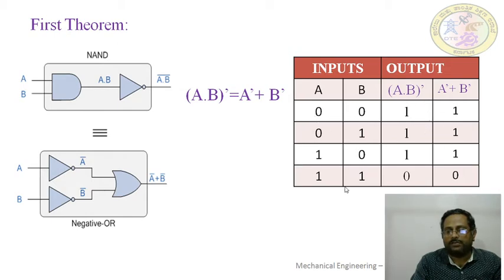For input 0 0, the output is 1 at LHS and 1 at RHS. For input 1 0, the output at LHS is also 1, RHS is also 1. For the given input 1 1, the output at LHS and RHS is 0 0. This is the first theorem.